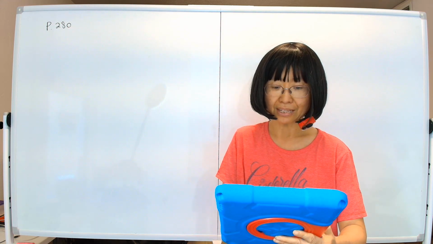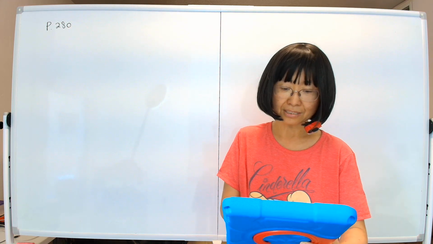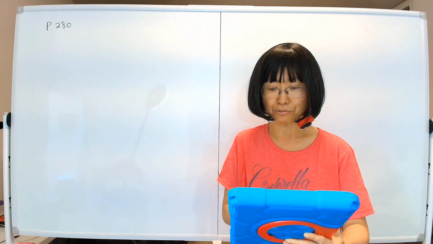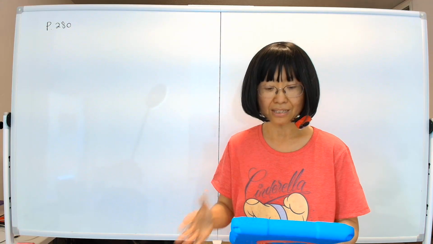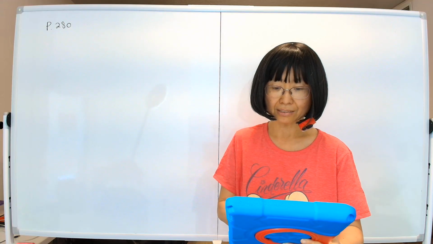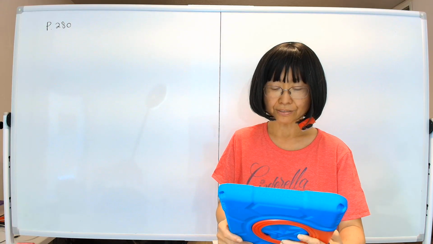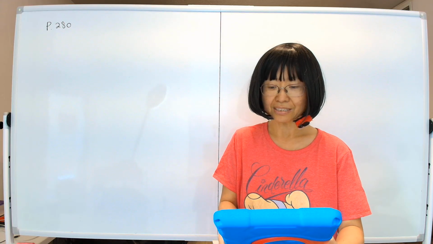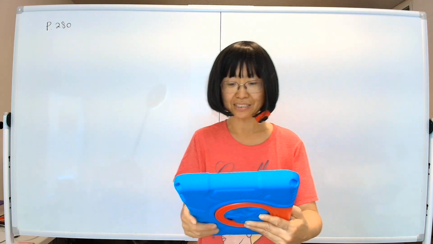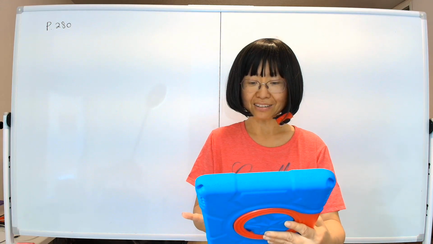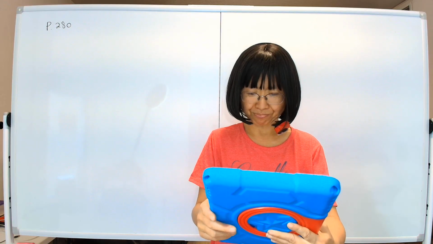So once you've done that, u is secant x, dv is secant squared x, then du is the derivative of secant, which is secant tangent, and v, you integrate secant squared, which becomes tangent x, right? That's why we did it. So you put all that together, and what do you get?